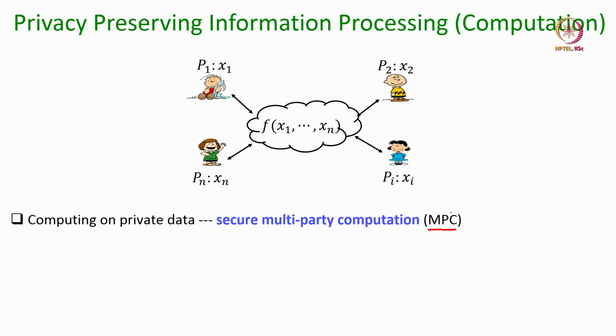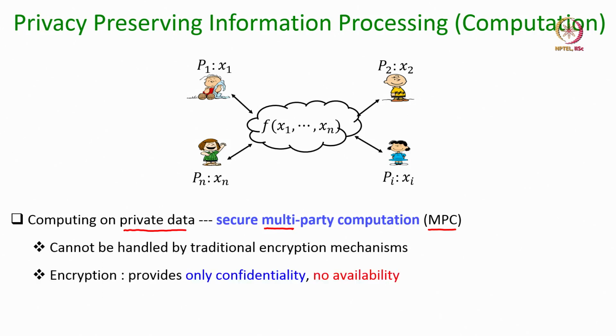Why MPC? Why secure multi-party computation? Because we have multiple parties involved here, and together they would like to perform some computation in a secure way. We often call this problem computing on private data, because each of these entities has some private data, and we would like to perform some computation involving the sensitive data of all the entities.